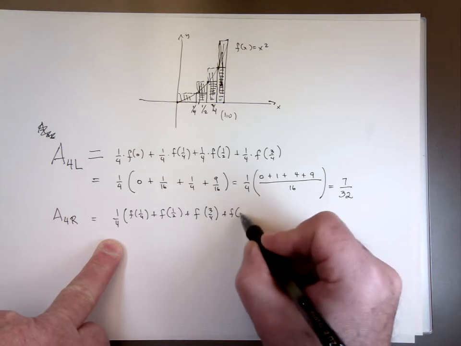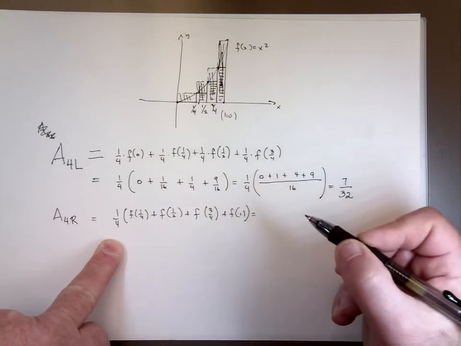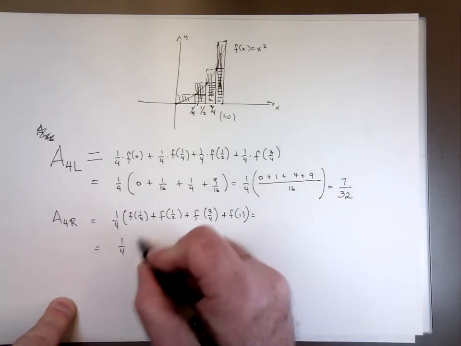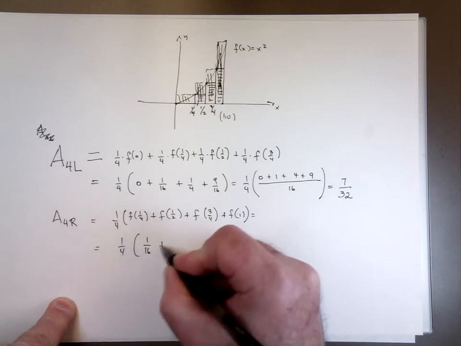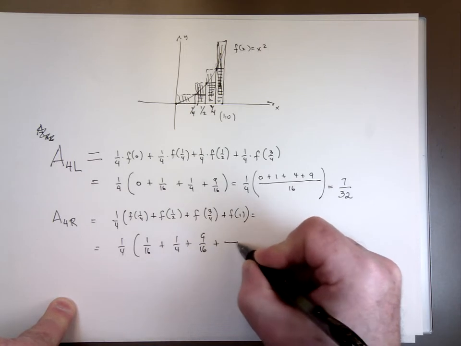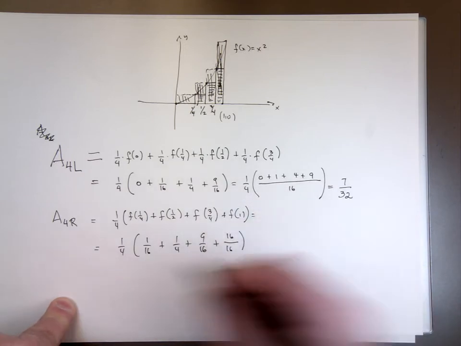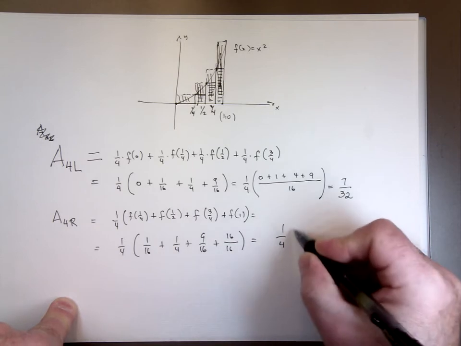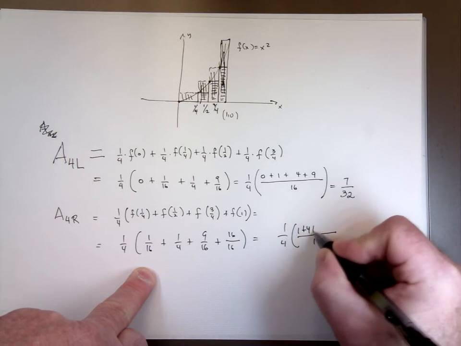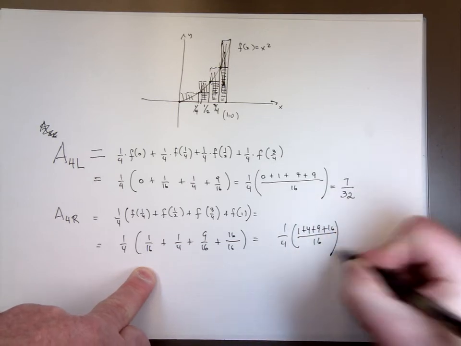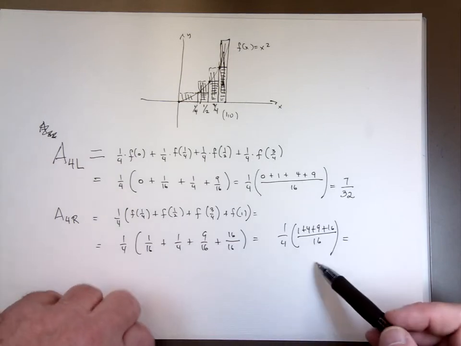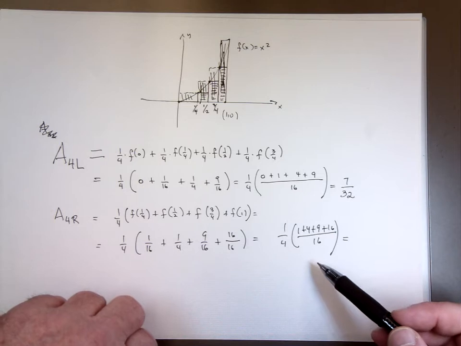So that's going to equal f of 1/4, 1/16, 1/4, 9/16, 1. I'm going to write 1 in the form of 16/16, so maintain this pattern. And that's equal to 1/4. Put it all over 16, so I get 1 plus 4 plus 9 plus 16. And that's equal to, let's see, 30/16, that's 30/64, that's 15 thirty-seconds.